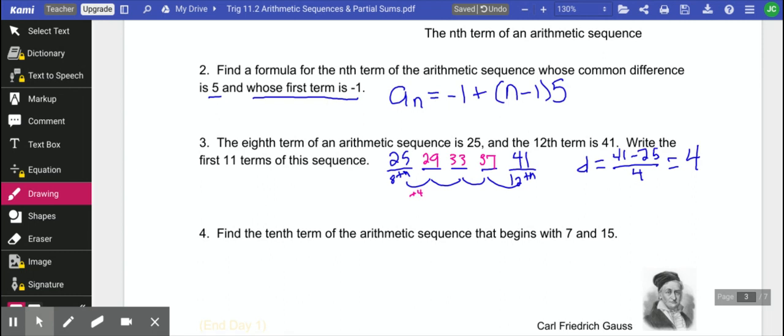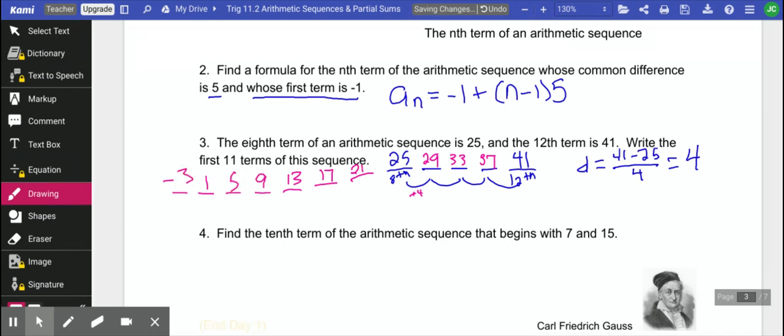Okay, so now we want to know the first 11 terms. So what we could do is we could just count back and fill in the 11 terms. I guess I should have written this. So here's a 7th, 6, 5, 4, 3, 2, 1. And so now we could just subtract 4 to finish this out. 21, 17, 13, 9, 5, 1, -3.